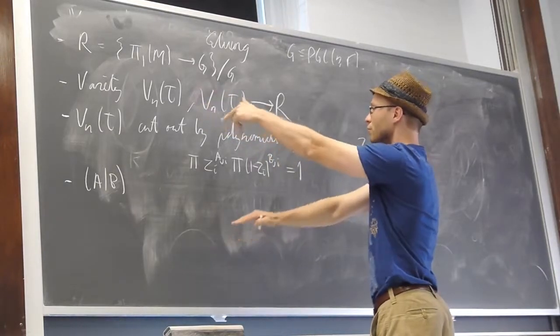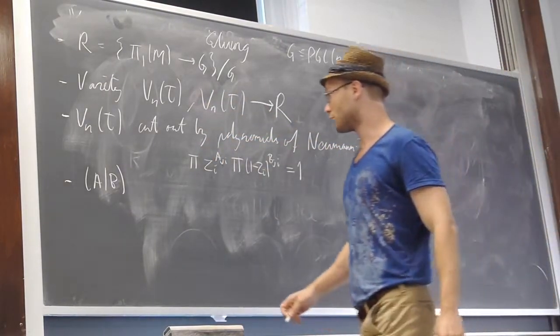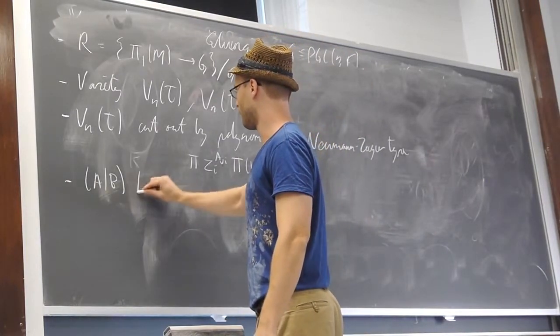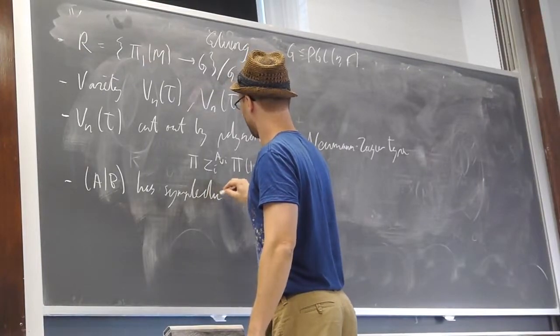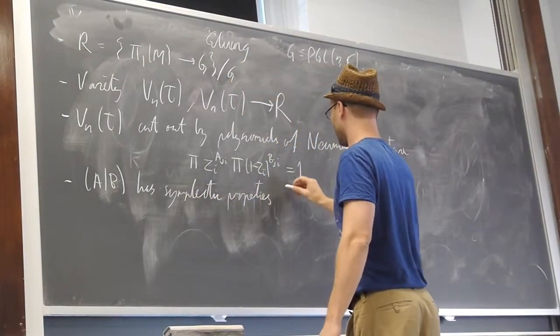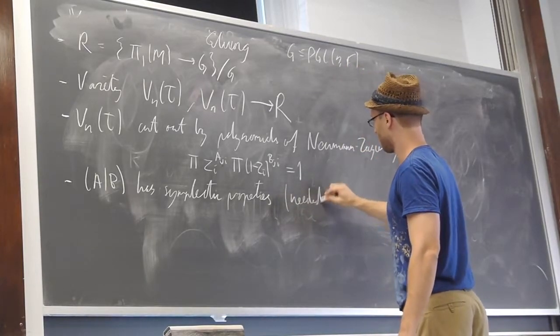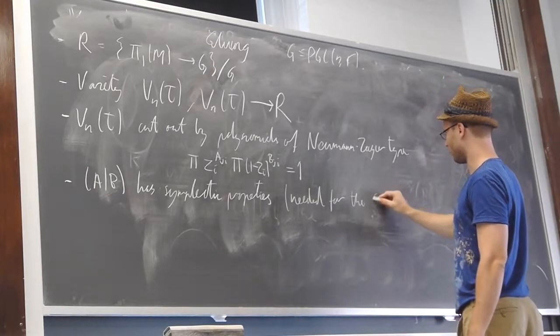That's for n equals 2. In general, it will be more. This has symplectic properties. I'll say that these are needed for the Garoufalidis machinery.